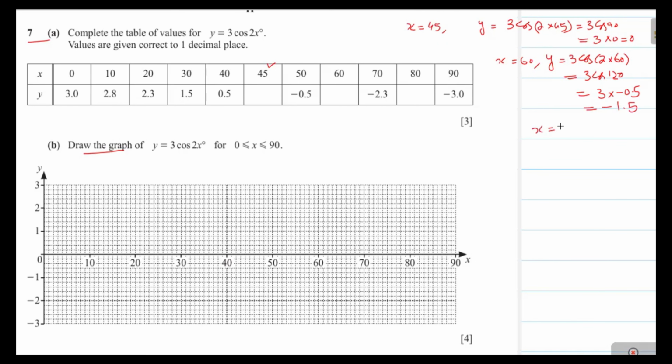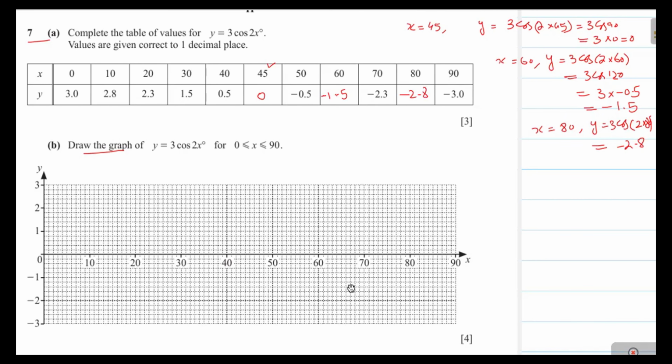And next, x equal to 80 and y will be equal to 3 into cos of 2 multiplied by 80. And this value will be equal to minus 2.8. Now we substitute the values. Here is 0 and this is minus 1.5 and this value is minus 2.8.